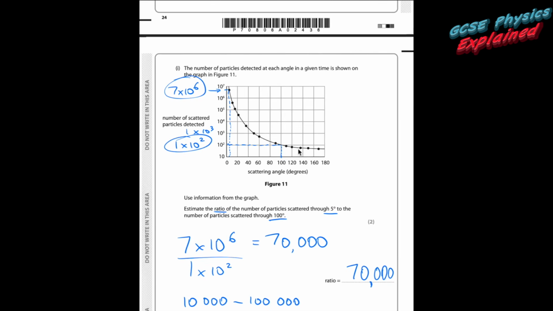And not many particles were scattered more than like 100 degrees.